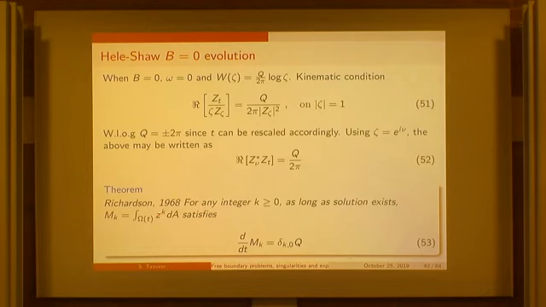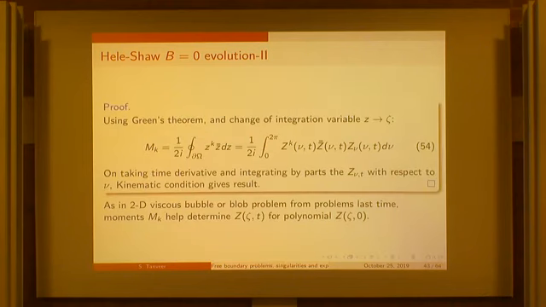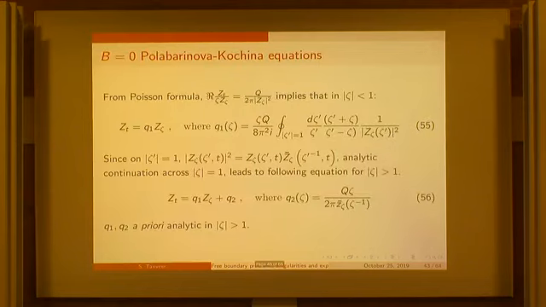But nonetheless, the machinery of figuring out the interface, figuring out the conformal map when you know this law, is about the same. So I'm not going to go into it. Namely, if you start with a polynomial initially, you can use that to show that the conformal mapping remains a polynomial of the same form.